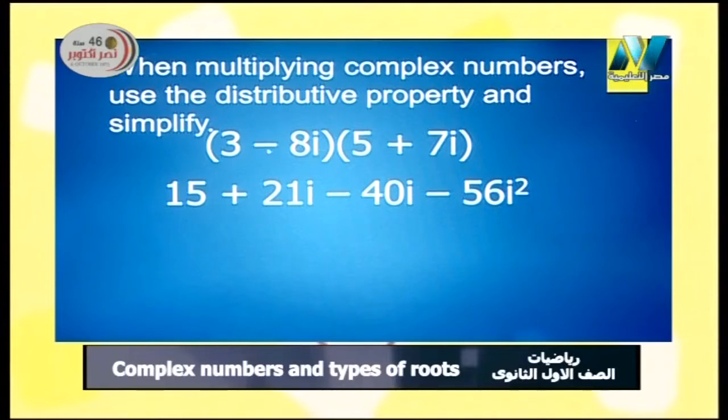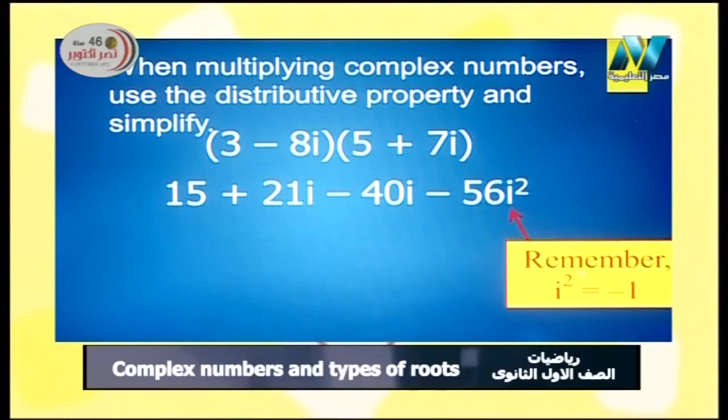And we multiply negative 8i by 7i. The result will be negative 56i squared. Remember, my dear students, that i squared, from the definition of the imaginary number, equals negative 1. And we will add the like terms with each other.